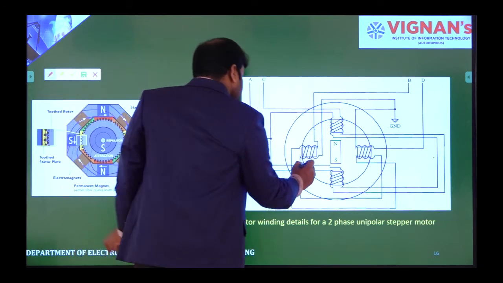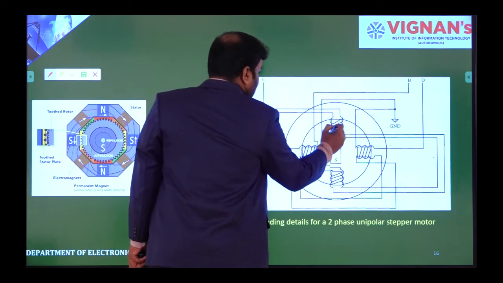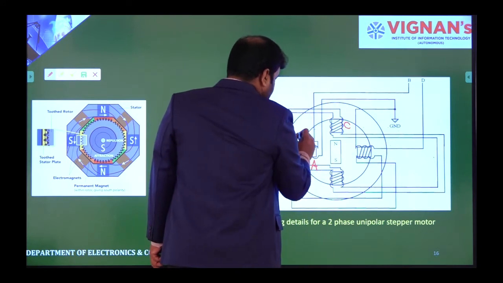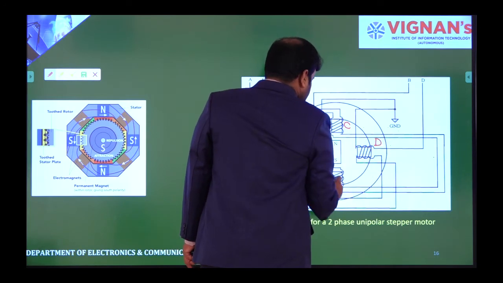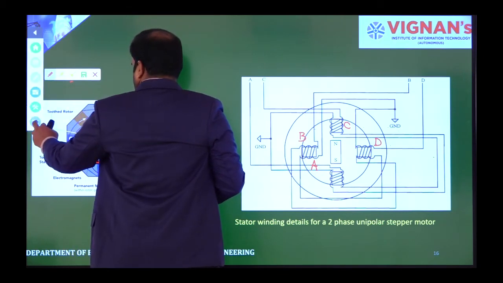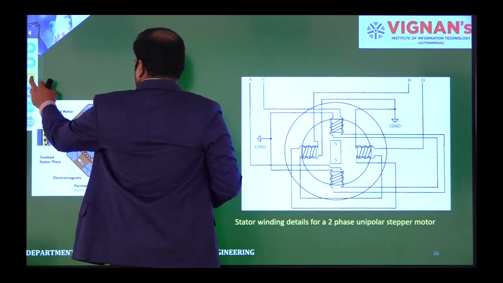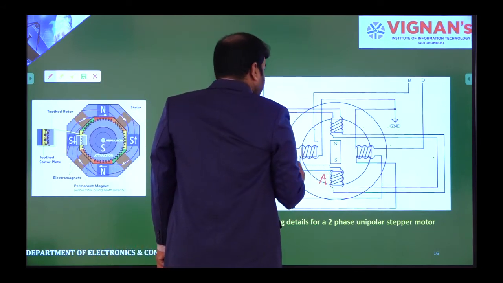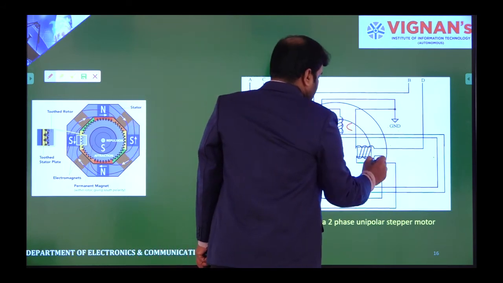The first one is A, this one, you can check it out over here itself, and this one is C, and the next one is B, and this one is B, and this one is D. So this one is A, this one is B, this one is C, and this one is D.